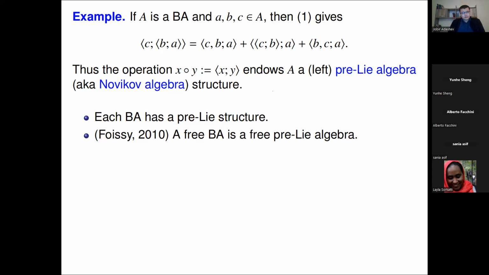Today in previous talks, Dr. Zhang Zherui and Professor Bai Chengmin also mentioned this algebra, Qiuhui algebras. So from this example, you can see that each brace algebra has a Qiuhui structure. Even more, if the brace algebra is free, then as a Qiuhui algebra it is also free.